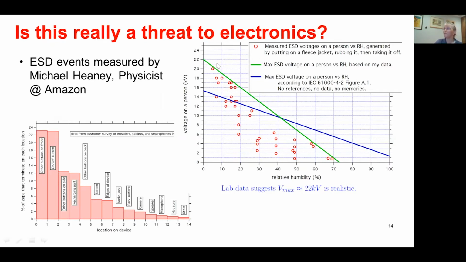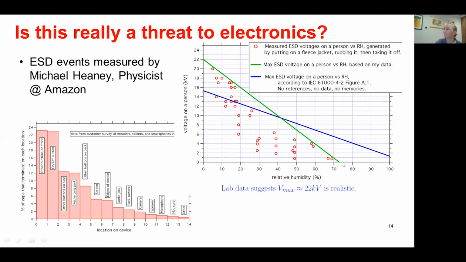So what he measured was at low relative humidity, so down about 10%, the red dots are actual data that was measured on a person. He could measure 20,000 volts with low relative humidity.